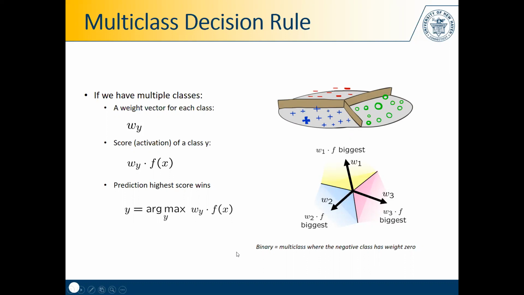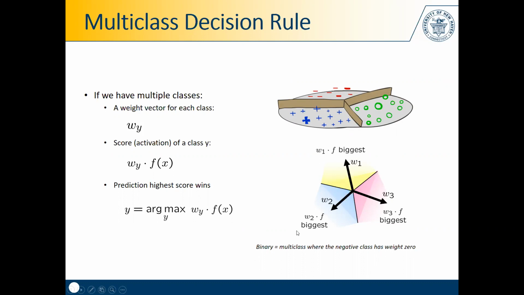And of course, it's intuitive. It follows that binary classification is essentially a specific case of multi-class classification where the negative class has weight 0, right? So the classes that don't matter, the other class, the negative class, is always multiplied by a weight vector comprised of all zeros.